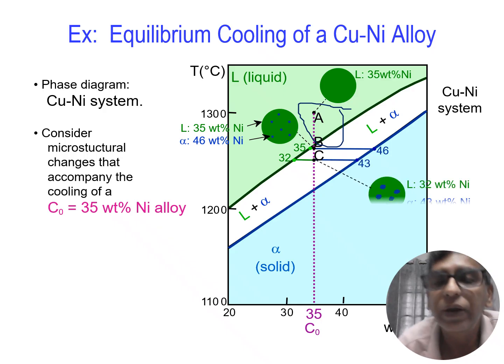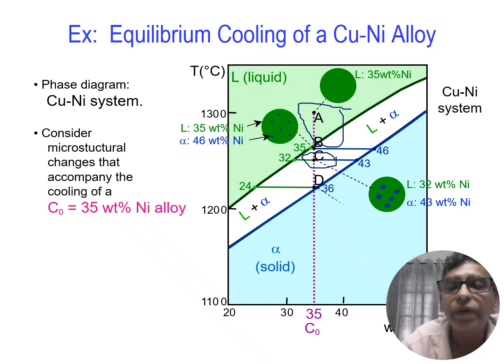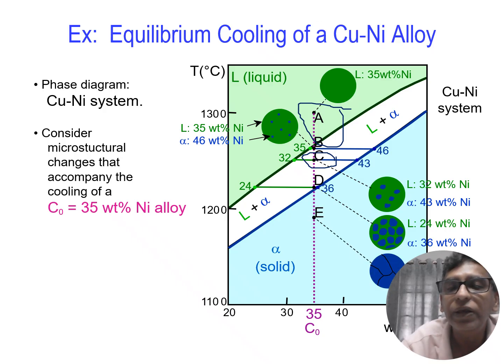At point B, slowly the solid forms, whereas at point C you have a solid as well as liquid solution. Here the majority is solid. Whenever you take E, it is completely 100% solid.